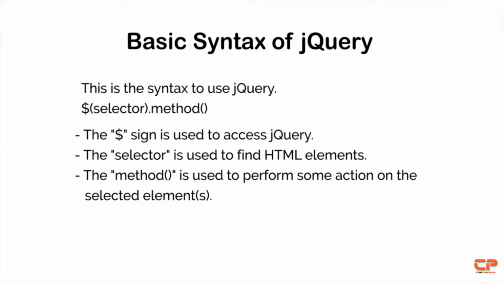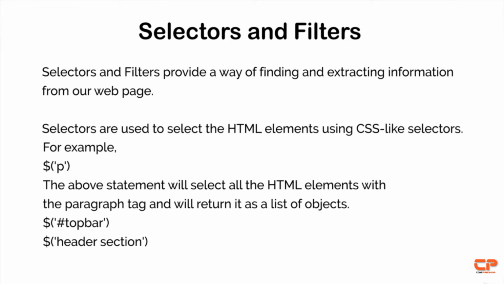element or multiple. Now coming back, selectors and filters provide a way of finding and extracting information from our web page. Selectors are used to select HTML elements using CSS-like selectors. For example, $ and inside the parenthesis p.